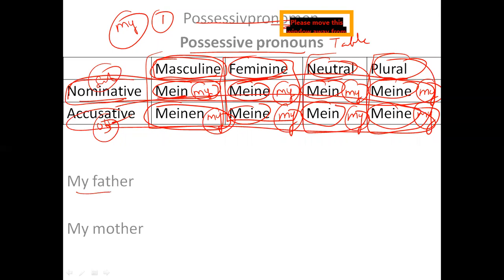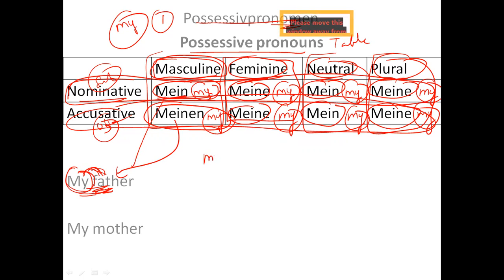So if I say my father, I'm talking about my, but I'm talking about father. Father is masculine. Hence, I need to use from these two words, either mein or meinen. That depends.